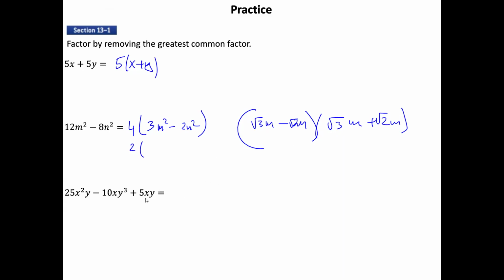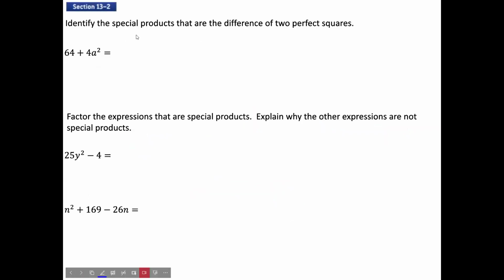Okay, this guy, 5xy probably. So what I have here: 5, then x, then minus 2, then y squared, then plus 1. Yes? Nothing else. Okay, this one, 64 is a perfect square.